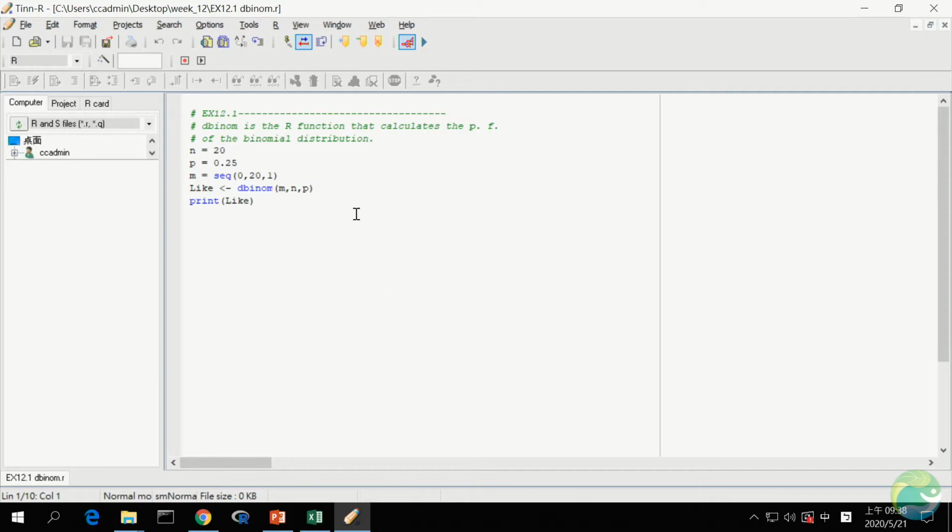In this case, it will become simpler. We have N, the total number of trials. P is the probability of success.